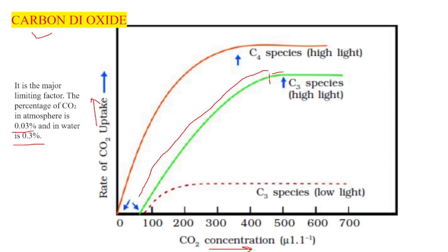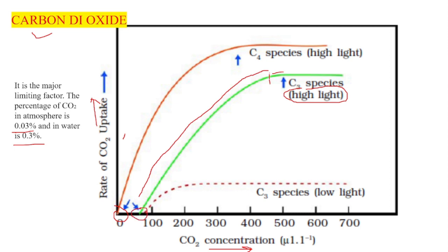Why? Because the light is also very high, the saturation point has come, and beyond that there will be no uptake of carbon dioxide. In C3 plants, it is slightly higher. It can work at a zero compensation point also. Here these arrows are showing compensation points.